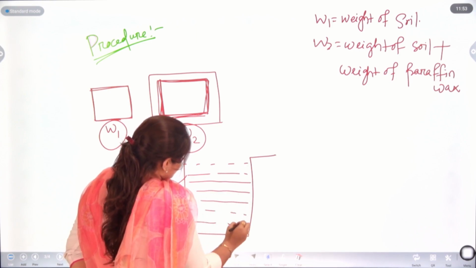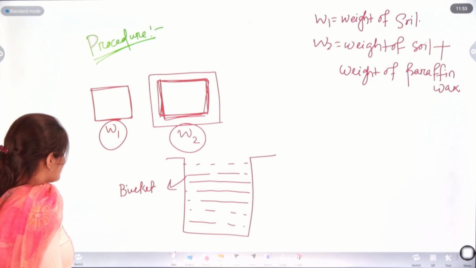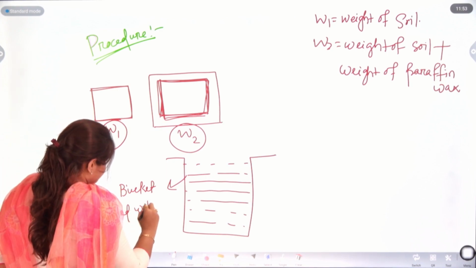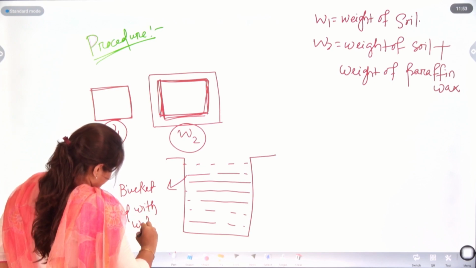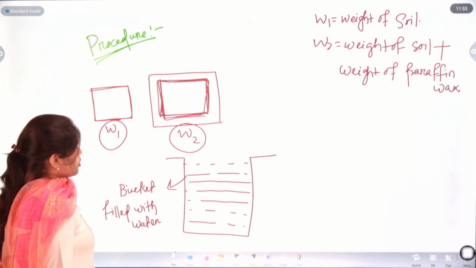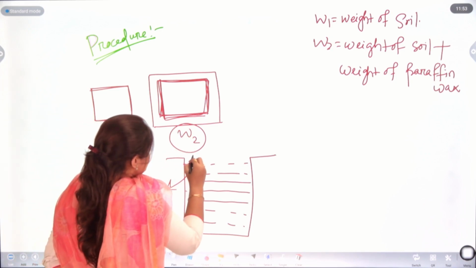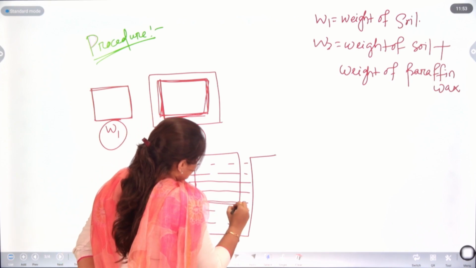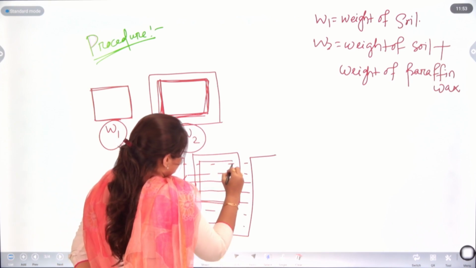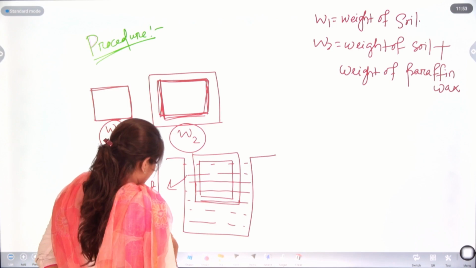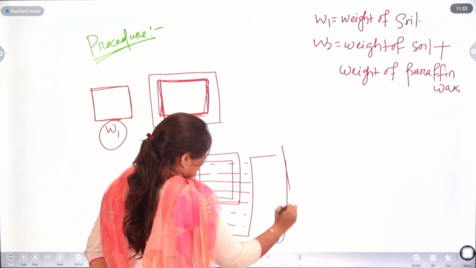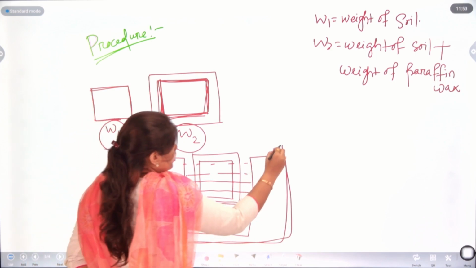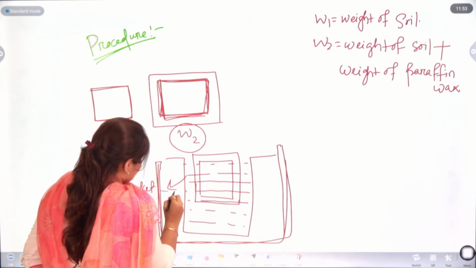Now we will put this W2 inside the water bucket. Here we have one jar that will collect the displaced water.